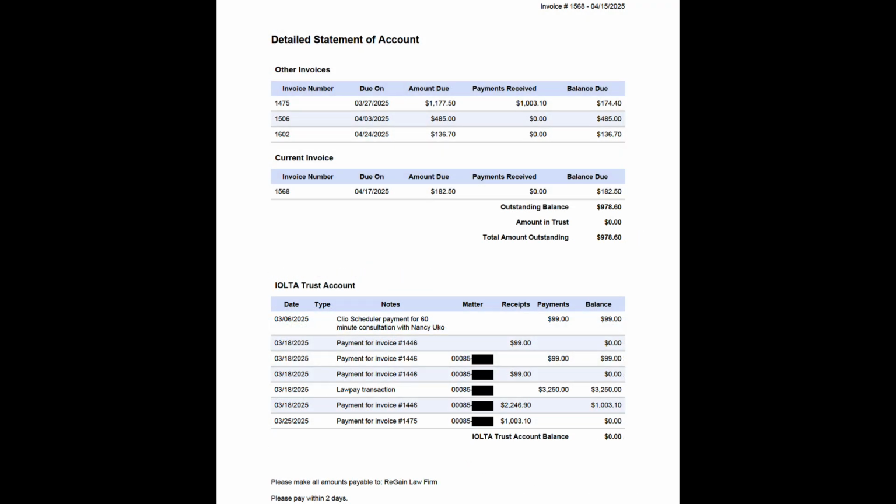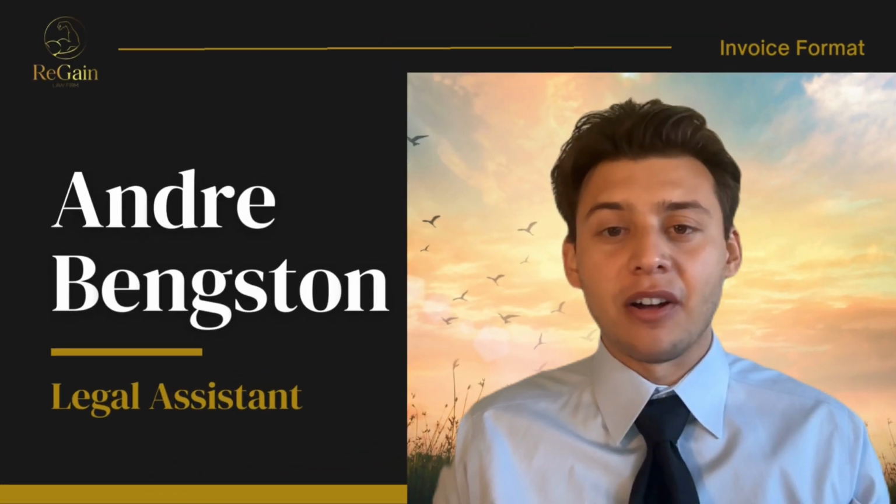Finally, at the end of each invoice, there will be an IOLTA trust account summary detailing your initial deposit, any charges applied against the trust balance, and the remaining balance in your trust account. In the case that the funds in your trust account are running low or depleted after your outstanding balance is paid, our office will contact you and provide a link for you to replenish your trust account so that we can continue working on your case as necessary.